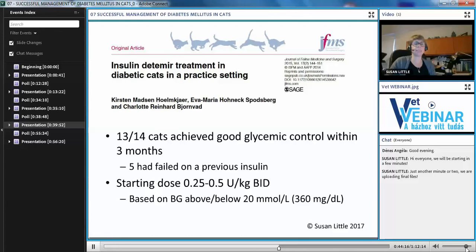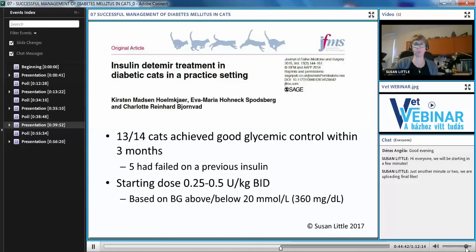And what was interesting to me with this study is that 5 of those cats had previously been on another insulin and had failed to achieve control. So as I mentioned, we do see some cats that won't respond to your first choice of insulin. So 5 of these cats were insulin failures. 13 out of the 14 did very well on this insulin and achieved good glycemic control within about 3 months.